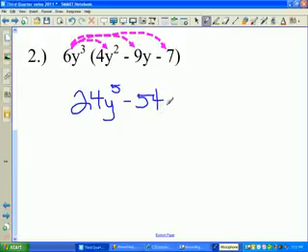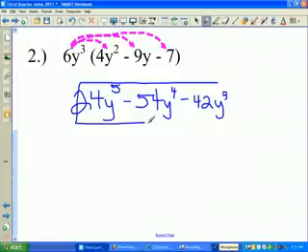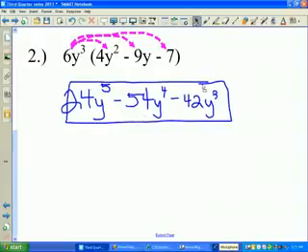Ooh, that was ugly. 54y to the 4th power, minus 6 times 7, 42y cubed. And this is my solution. Okay? So that's all we have to do.